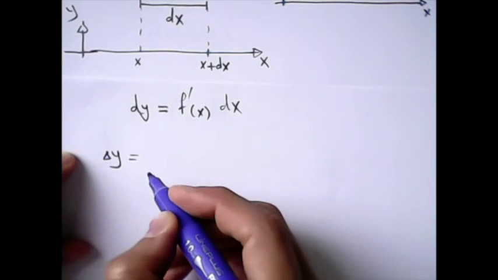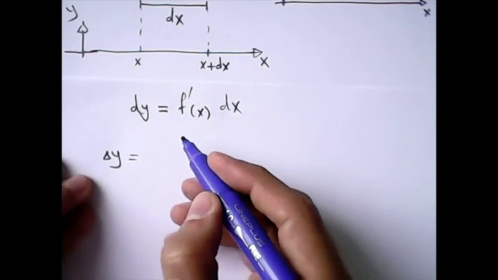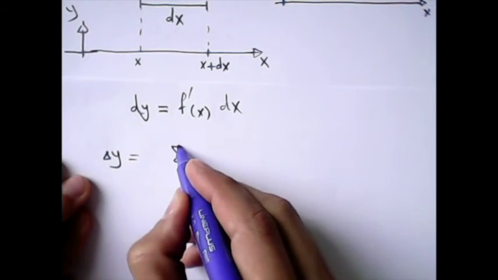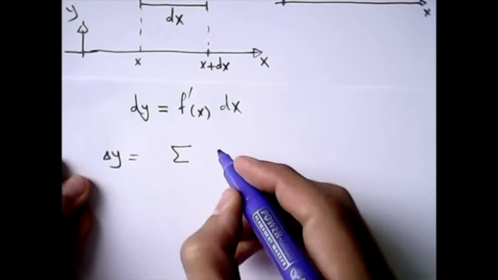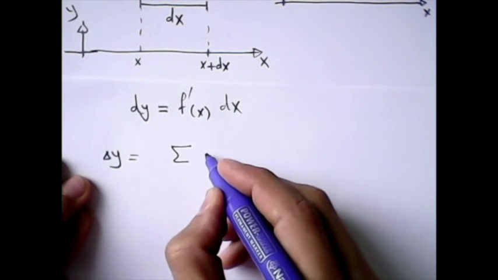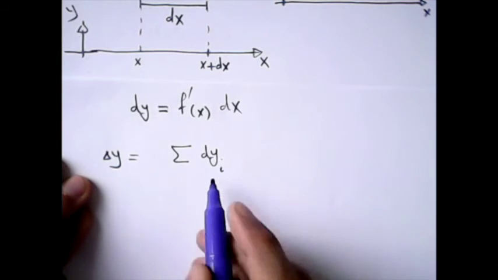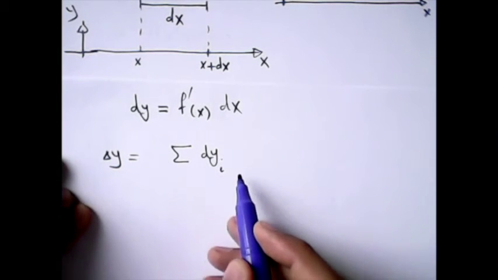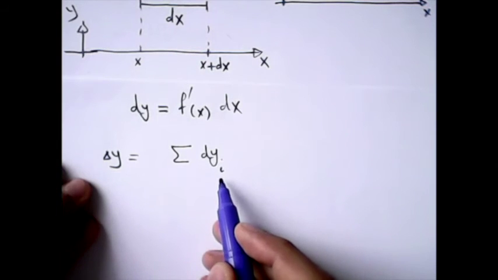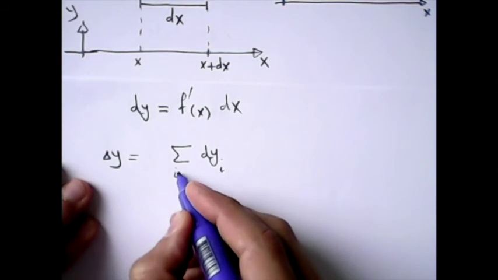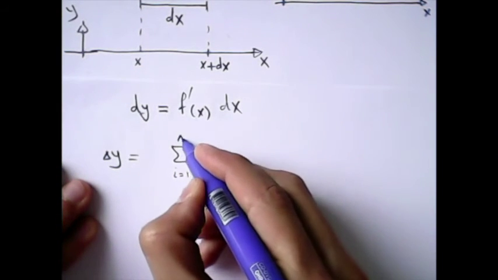is equal to the summation of all of the dy's at every point. So let me just say dy, and I'll just name each one of the dy's by dy sub i. For instance, 1, 2, 3, I name it i, and i starts from 1 to n.